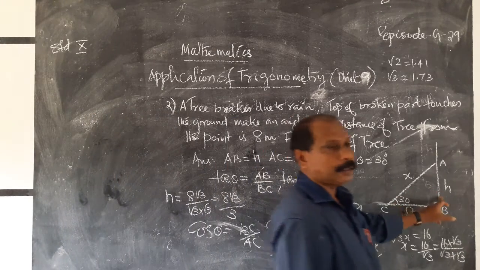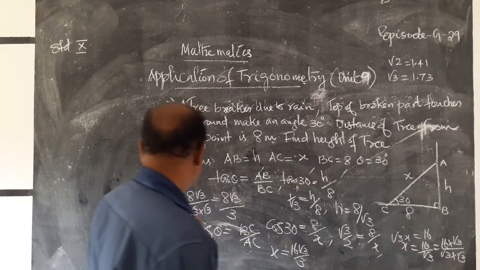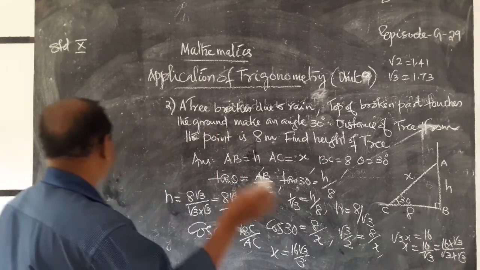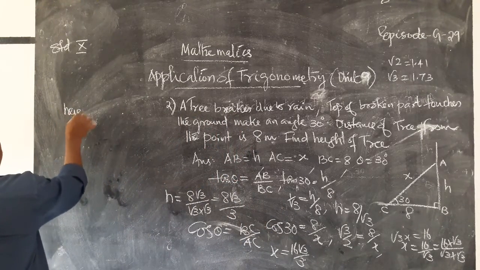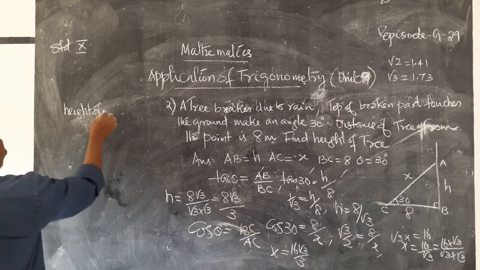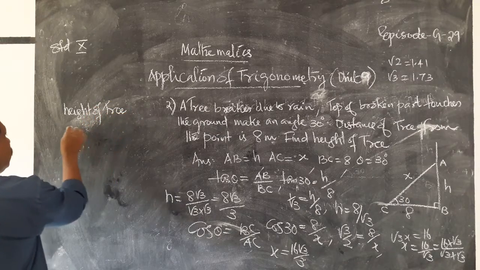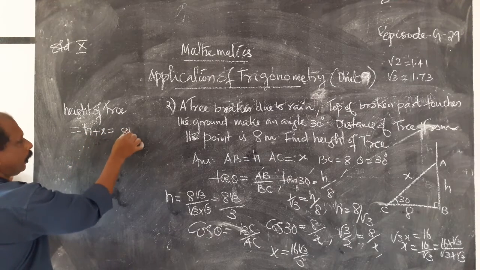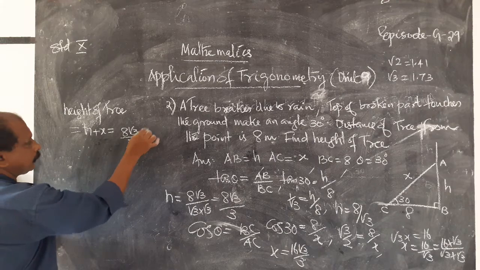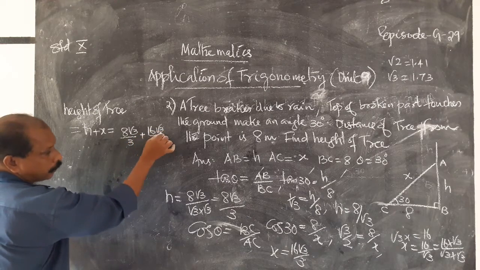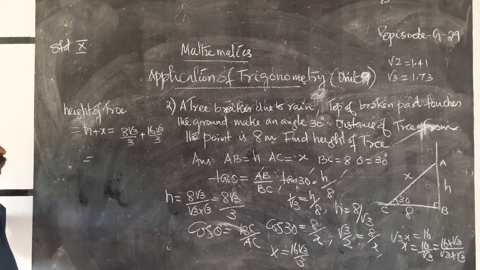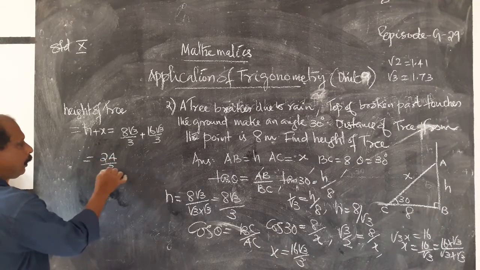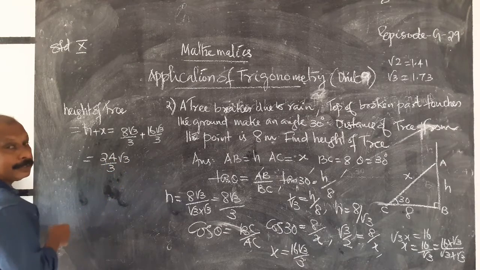Therefore, h is 8 root 3 by 3, and x is 16 root 3 by 3. Therefore, height of tree is equal to h plus x, which is 8 root 3 by 3 plus 16 root 3 by 3. That is 16 plus 8, 24, by 3, root 3. 24 is divisible by 3.